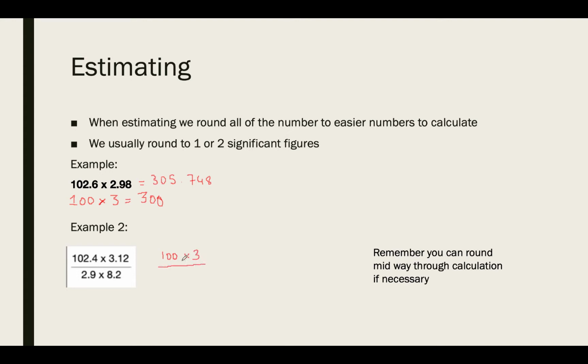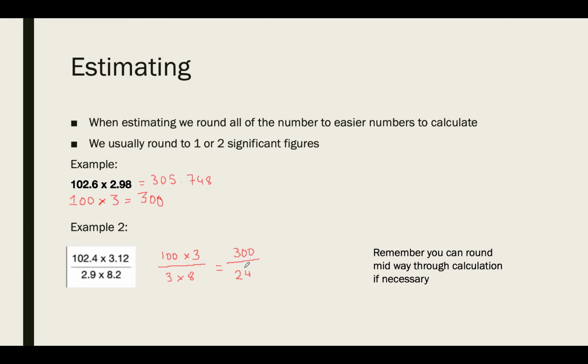And underneath we've got 2.9, which to one significant figure is 3. And we've got 8.2, which to one significant figure is 8. Then we can simplify the top and the bottom, because 100 times 3 is 300, and 3 times 8 is 24. And then now we can round midway through calculation if necessary.